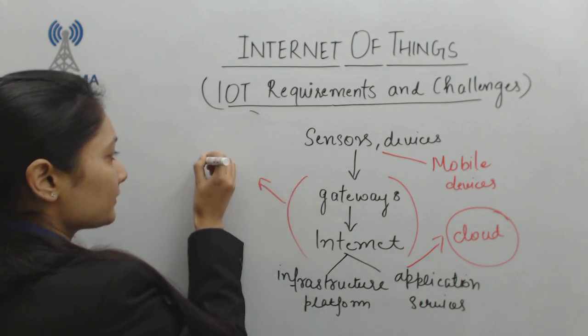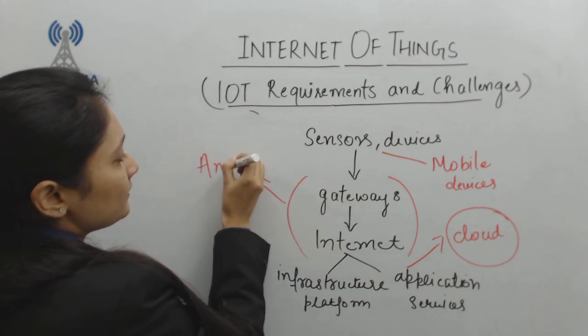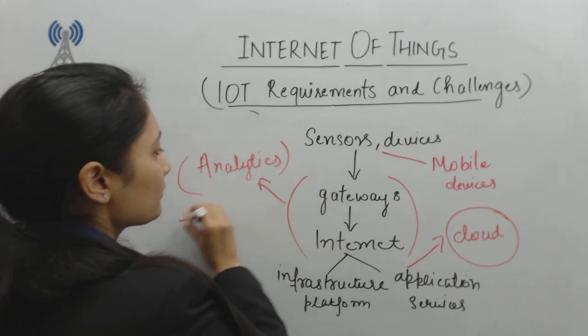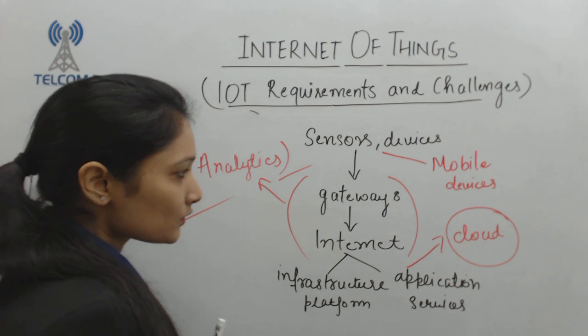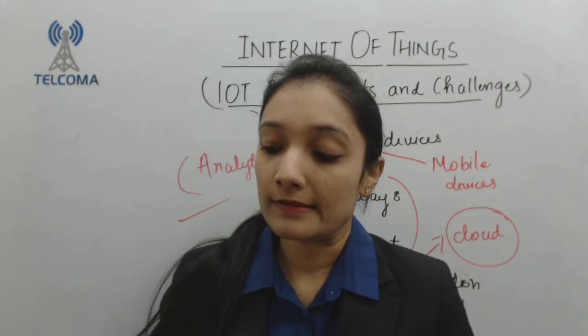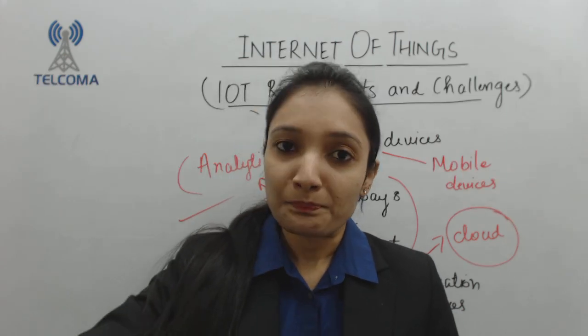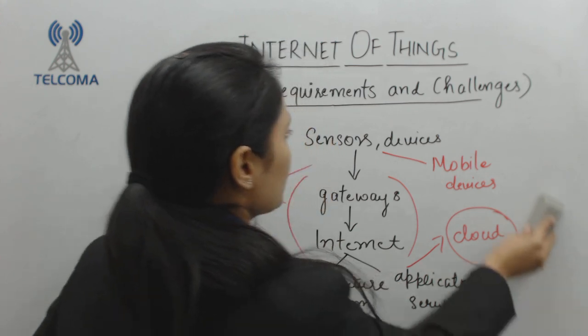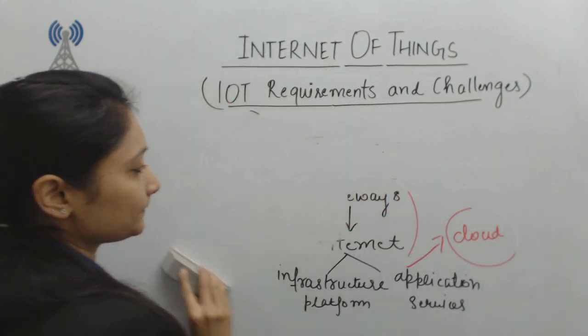You require certain analytics for your information. So when you have to create such a scenario for your Internet of Things, there are certain requirements for your technology deployment. So now we will study the various IoT requirements here.